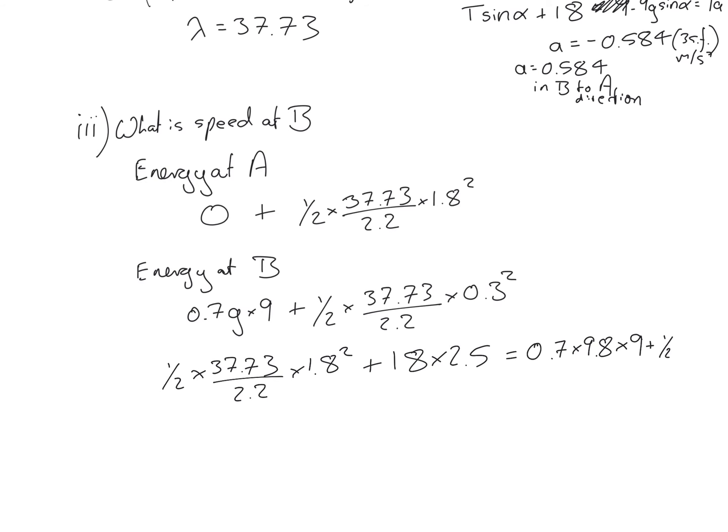Let's see, half times 37.73 over 2.2, 0.3 squared, plus, of course, the thing that we want to know, which is the half mv squared.